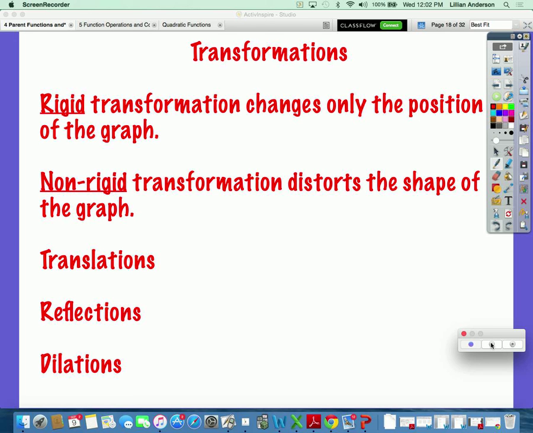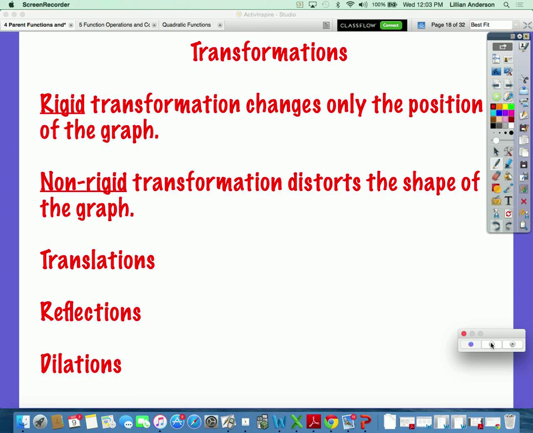Translations, what's the simpler word for transformation? Translation. Slide. A slide. Okay, so translation means slide. And I can slide a curve what ways? To the left or to the right, up or down. Now, reflections is a flip. Like a mirror. It's a reflection.